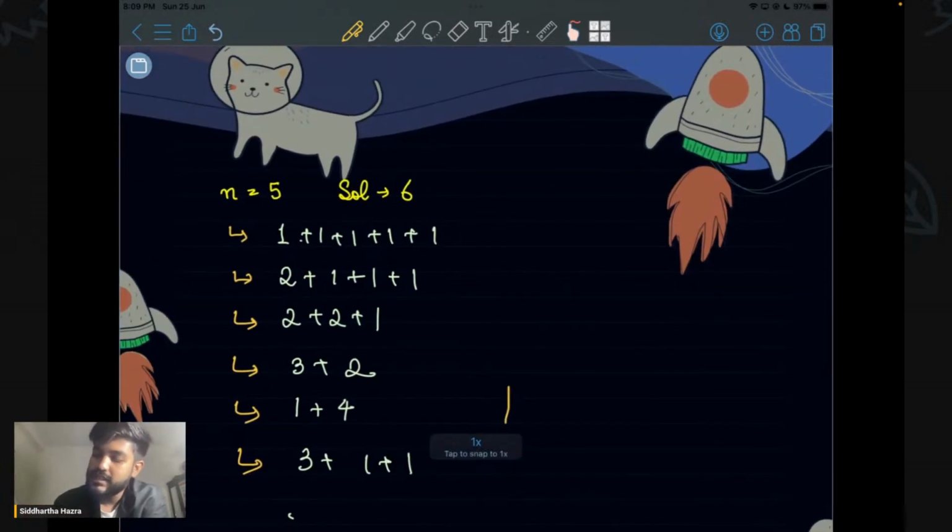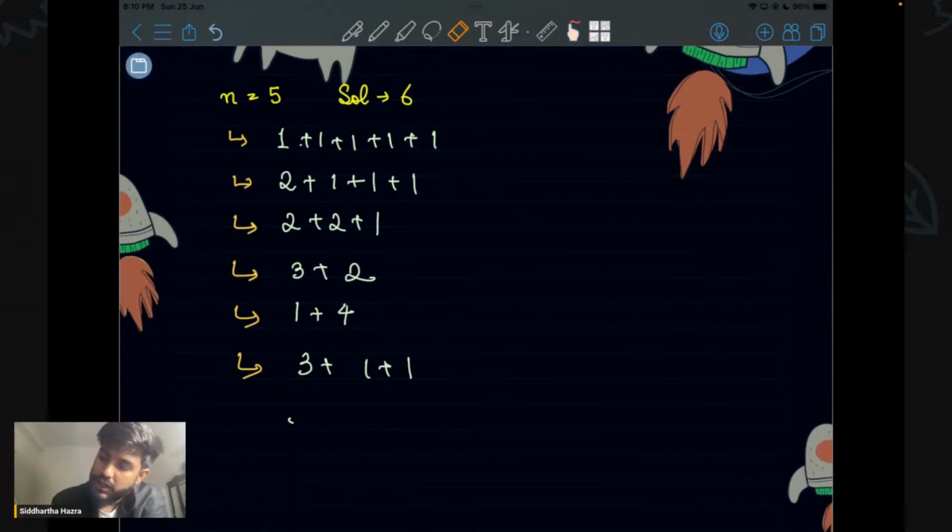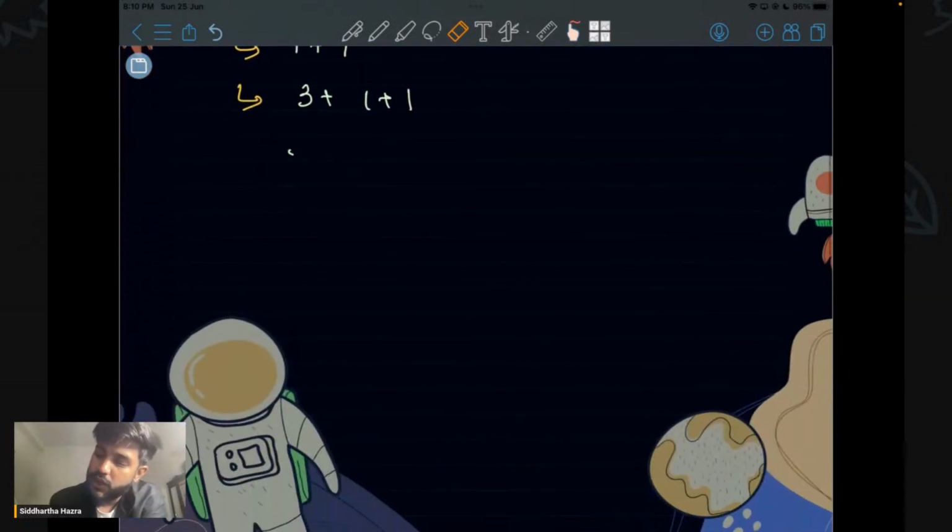What I want to say is that the number 5, or an integer, can be represented, but to find out the number of ways it can be represented, we need to think of something like exploring everything. So now we come to the conclusion that we really need to explore.